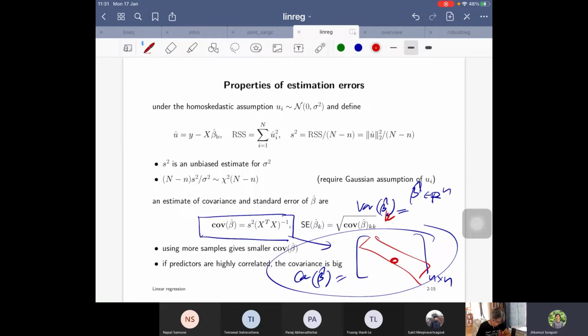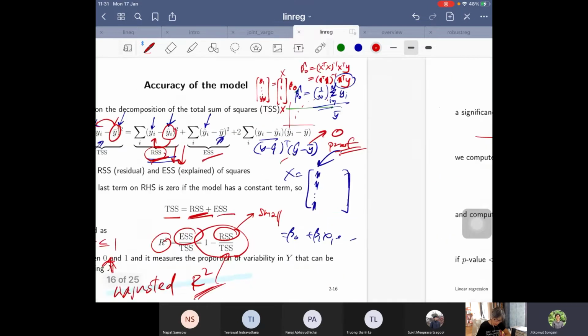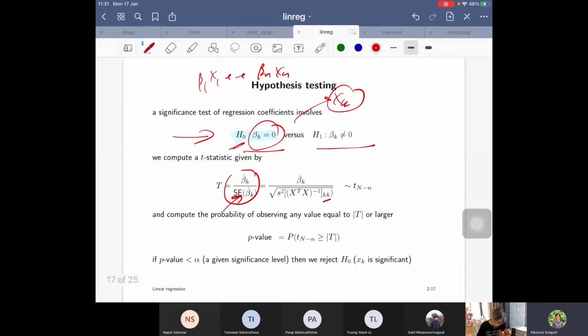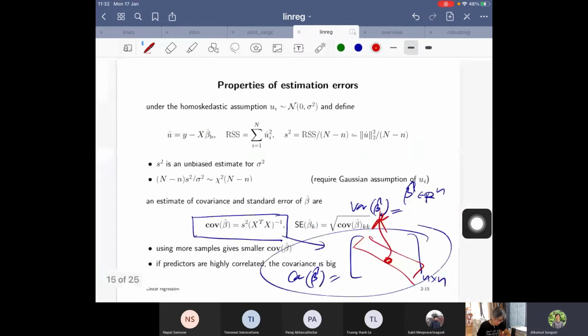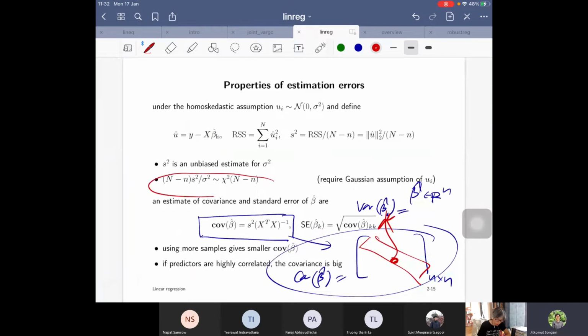So at the kk element, that would give the variance of beta k hat. Okay. That's why we look at the kk elements of the covariance matrix, all right, and then take the square root, which represents the standard deviation. We normalize it in this way, and we can show that this is distributed as a t distribution with n minus p degrees of freedom. And again, this can be proved, can be shown.